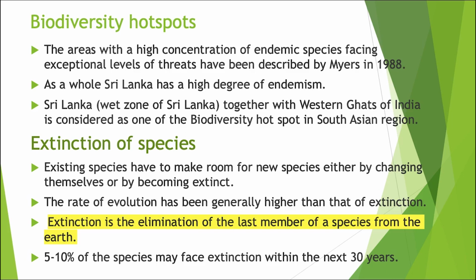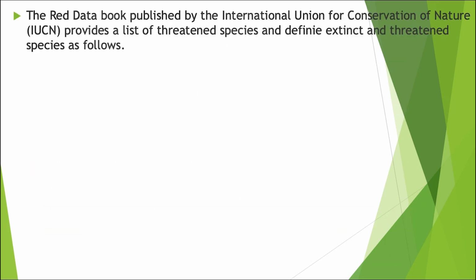The earth today has been dominated by humans, and no surface on earth is free from human influence. So, in general, about 5 to 10% of the species are said to be facing extinction within the next 30 years, a big number compared to the previous years.